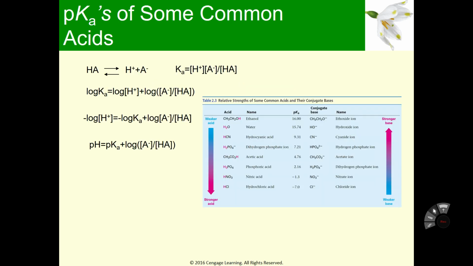In this table, acetic acid and ethanol are organic acids, but HCl is an inorganic acid.